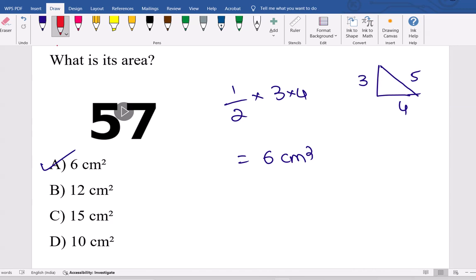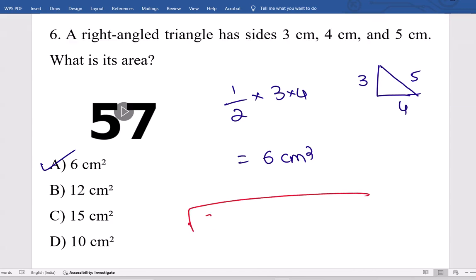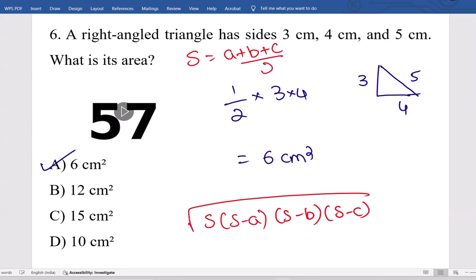Or else we have one standard formula: square root of s into s minus a, s minus b, s minus c. What is s here? S is a plus b plus c divided by 2. S is actually called, what is perimeter? Sum of all exterior sides.